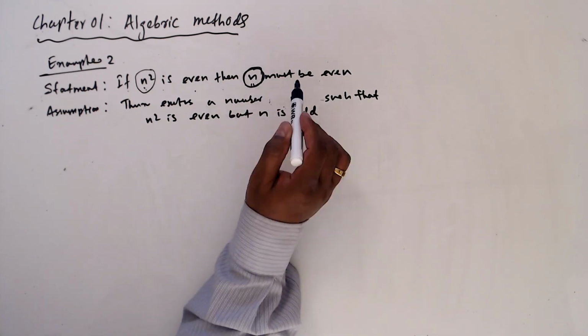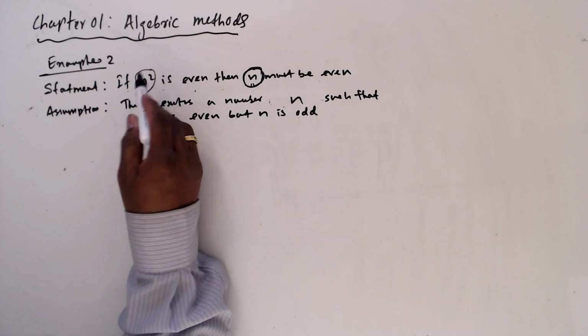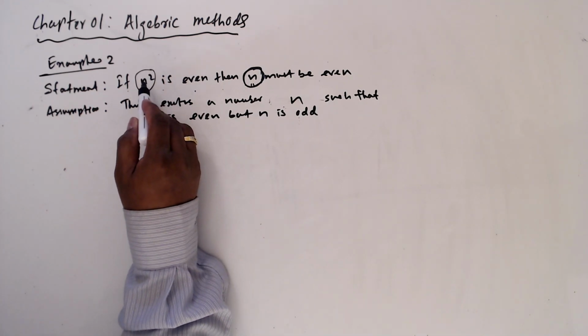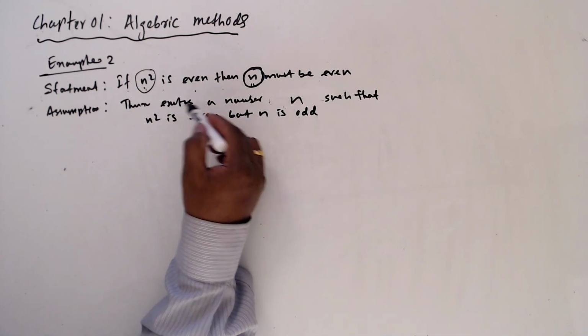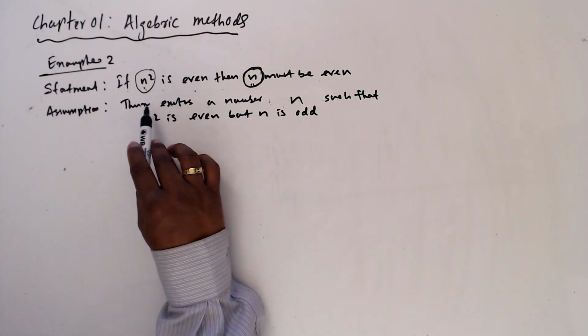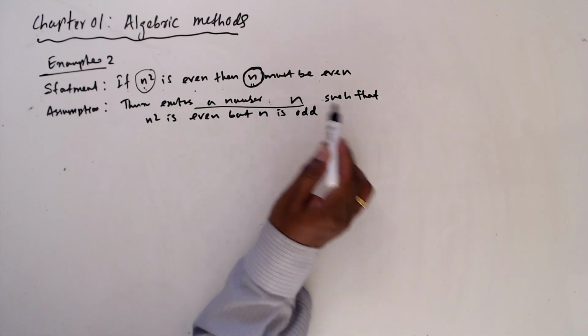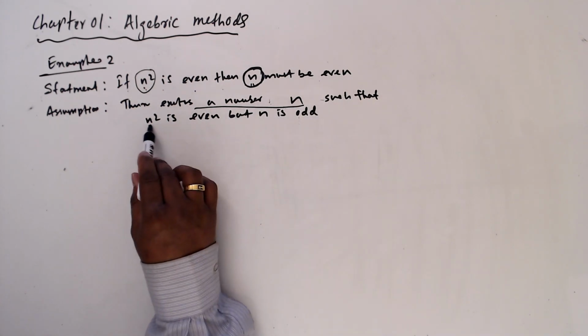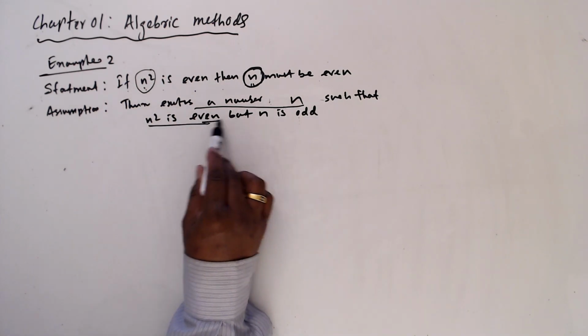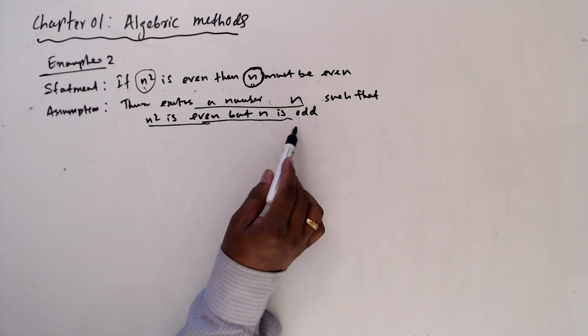So this is the assumption negation: there exists a number n such that n square is even, but n is odd. So this is the negation.